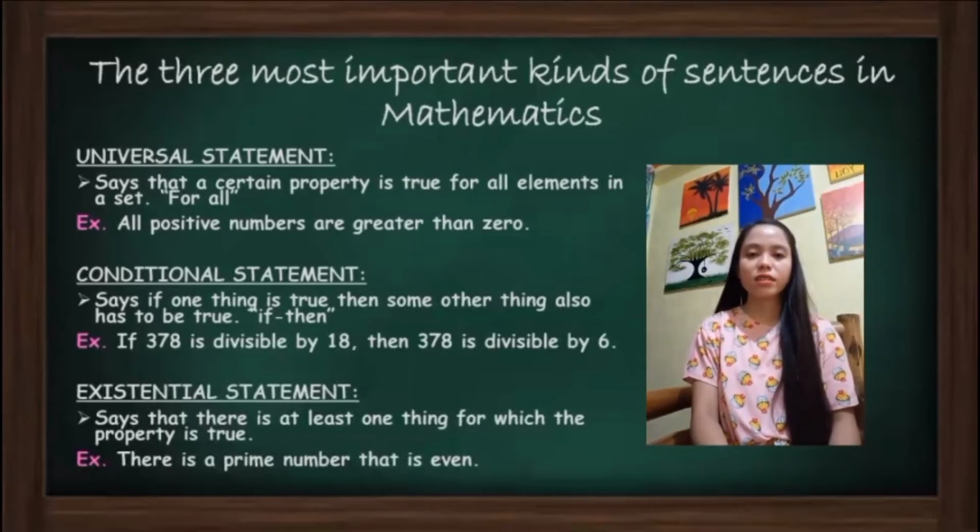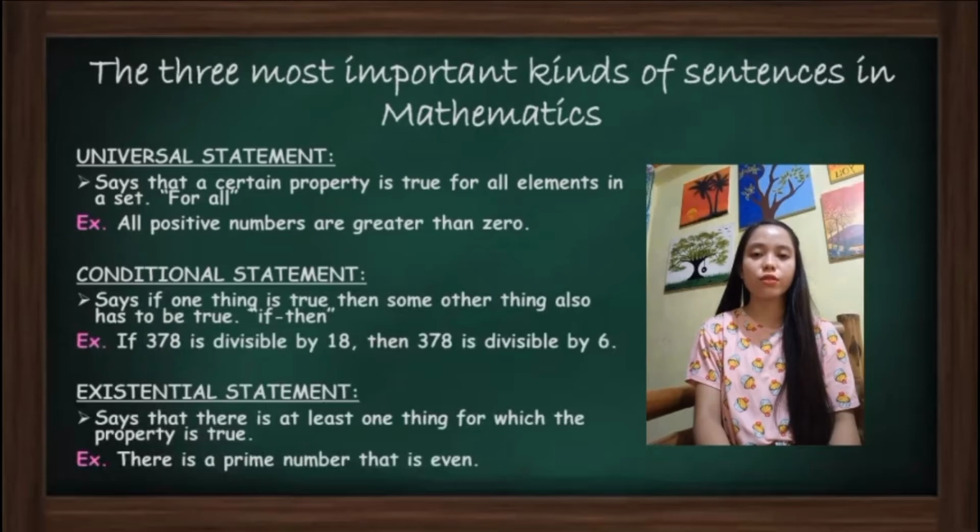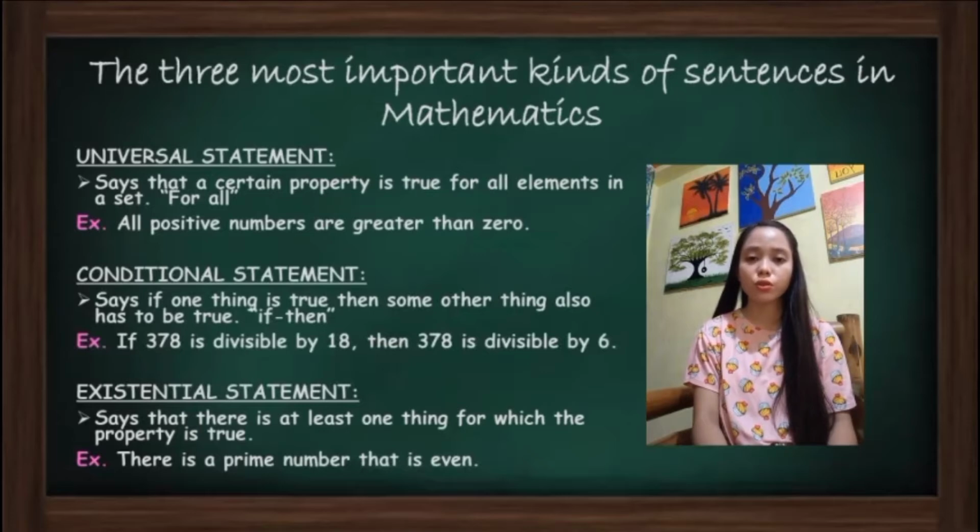So last is the existential statement. It says that there is at least one thing for which the property is true. So for example, there is a prime number that is even. So when we say prime number, there are so many prime numbers. For example, the number 2, 3, 5, 7, 11, and so on.